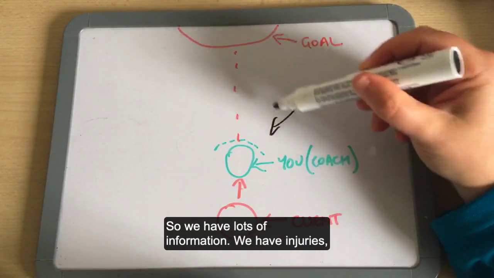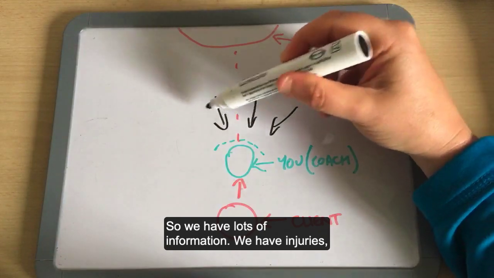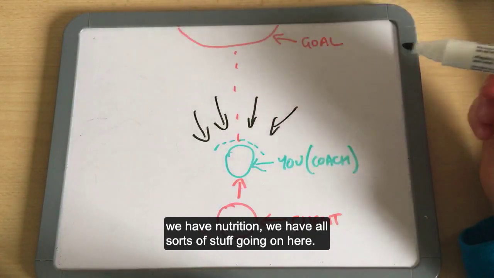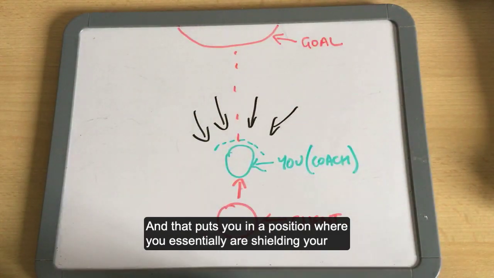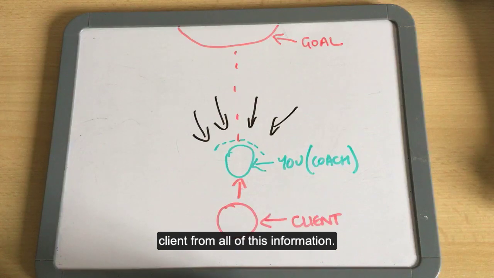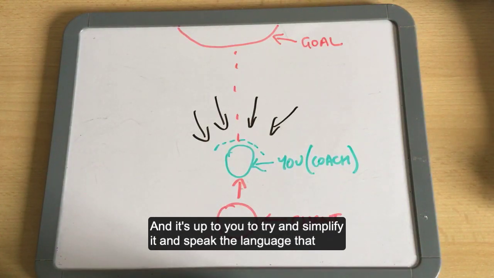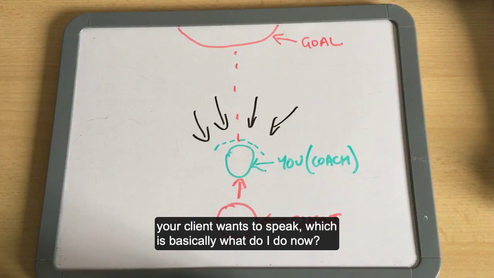So we have lots of information, we have injuries, we have nutrition, we have all sorts of stuff going on here, and it puts you in a position where you essentially are shielding your client from all of this information. And it's up to you to try and simplify it and speak the language that your client wants to speak, which is basically, what do I do now?